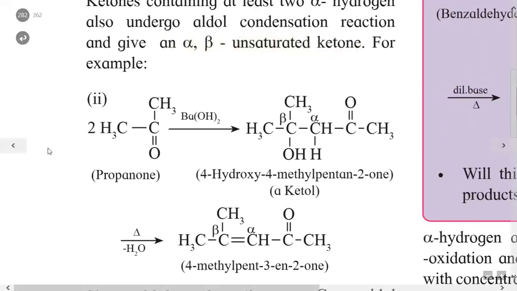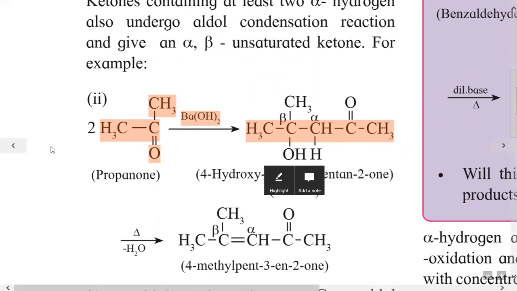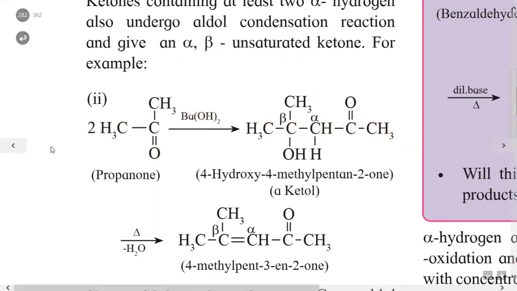Here the reaction is, this is propanone, that is dimethyl ketone, containing 6 alpha hydrogen atoms. When the reaction takes place in the presence of barium hydroxide, then we get this ketol, and the name of this ketol is 4-hydroxy-4-methylpentan-2-one. So it is a 6 carbon containing ketol.